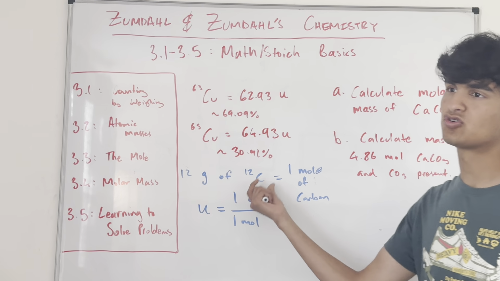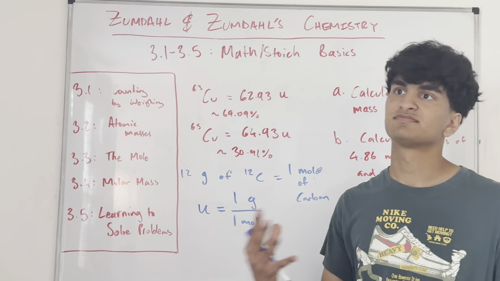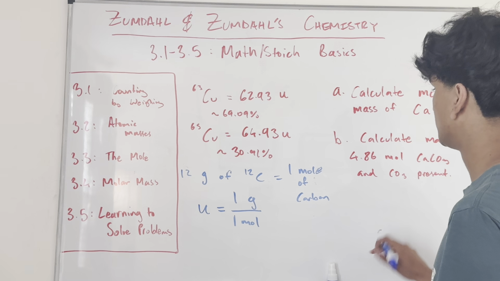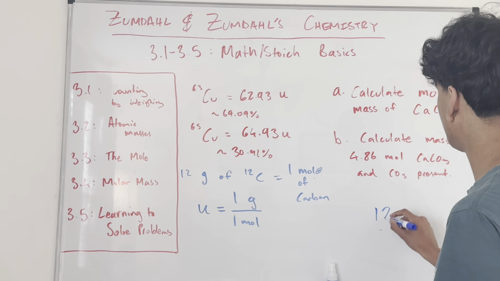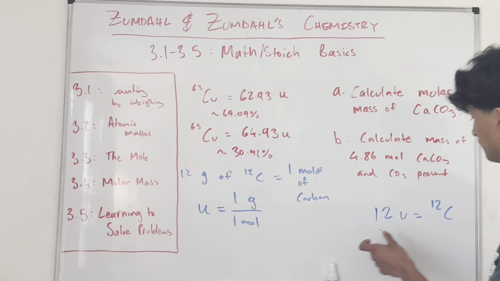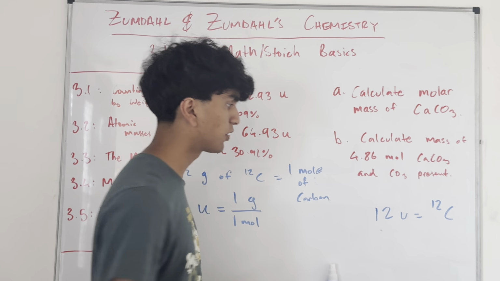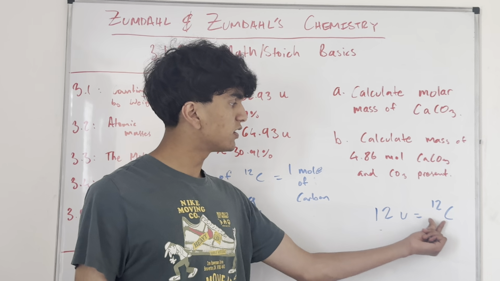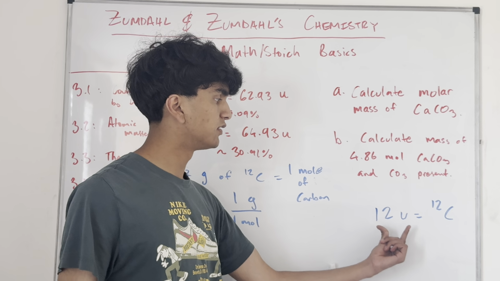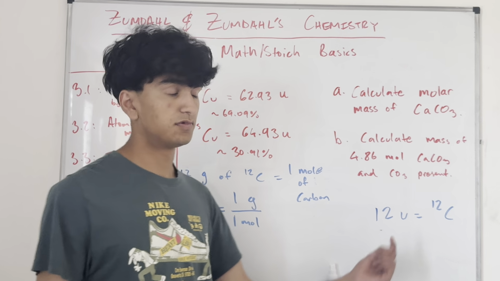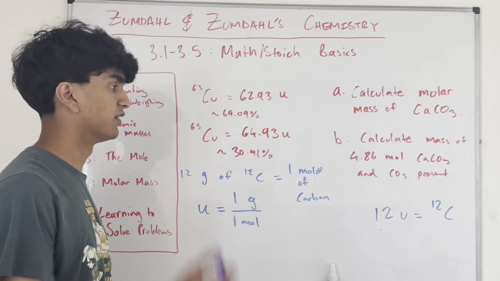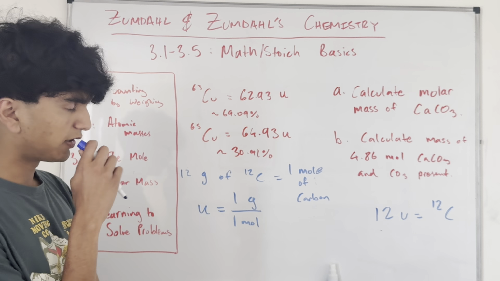12 grams for 12 atomic mass units, right? Remember, we decided that 12 u is equal to carbon 12. That's essentially the mass of carbon 12, implying that one of these atoms is 12 u.